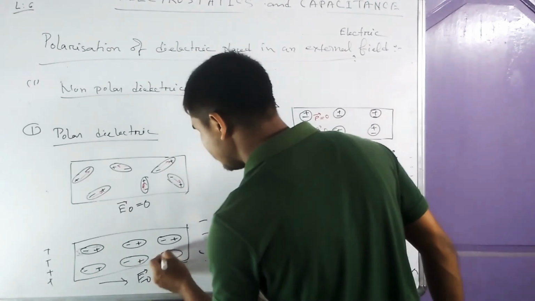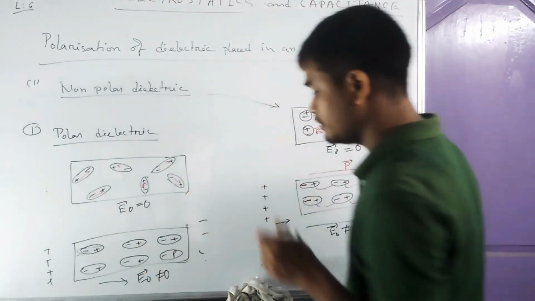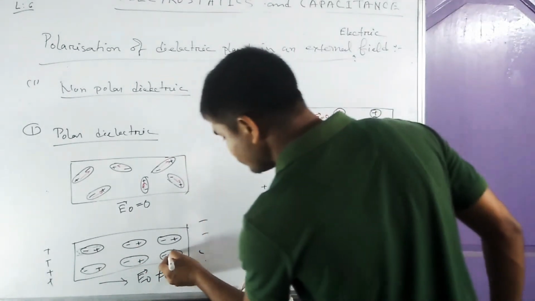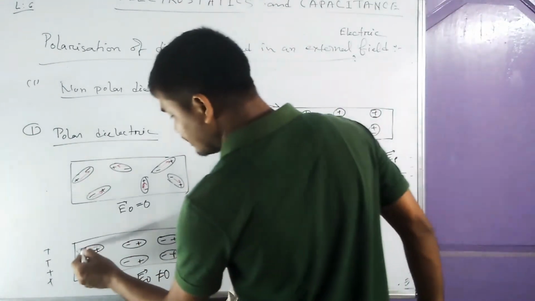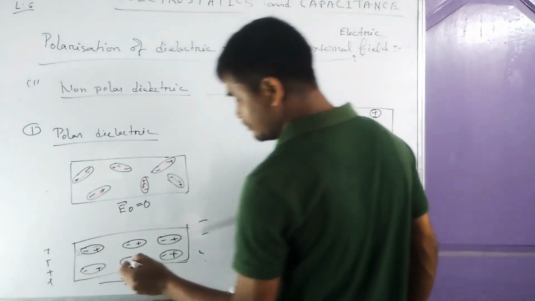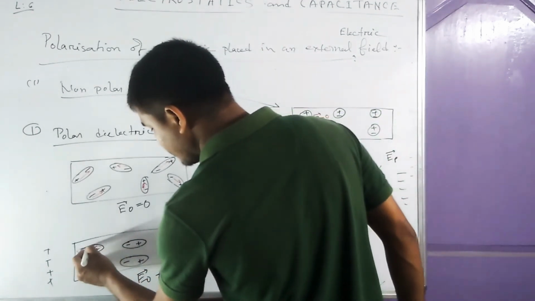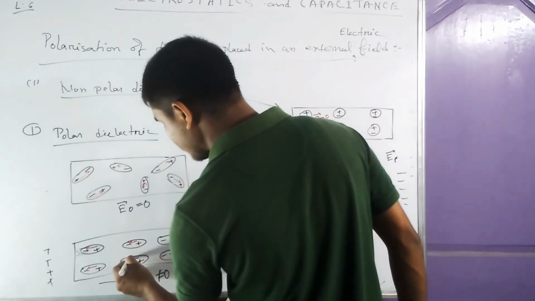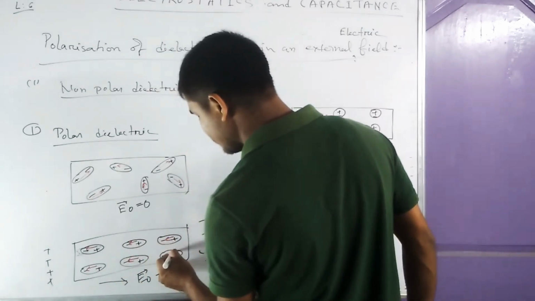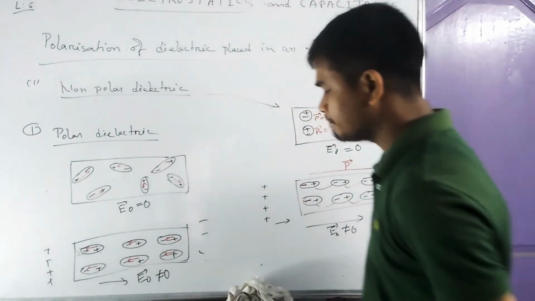Negative charges are attracted by this. Therefore this is plus to minus, plus to minus, plus to minus.